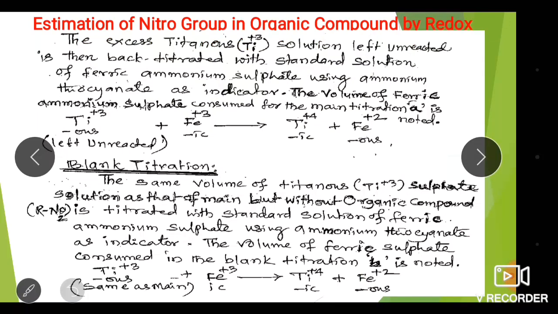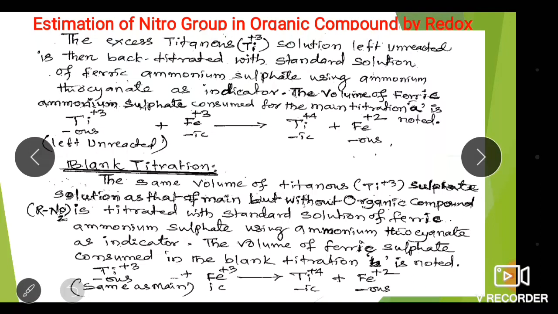Then we get the sample reading, the main titration reading. After boiling, the excess titanium sulfate solution left unreacted is back titrated with the standard solution of ferric ammonium sulfate, using ammonium thiocyanate as an indicator.